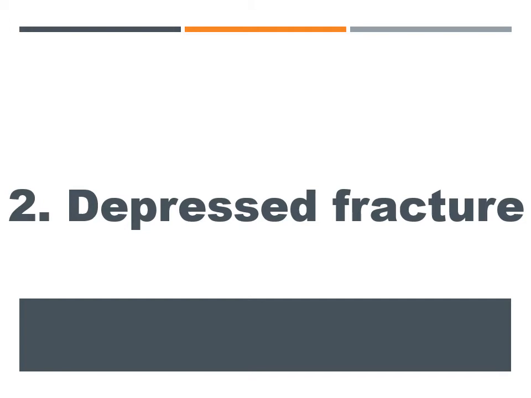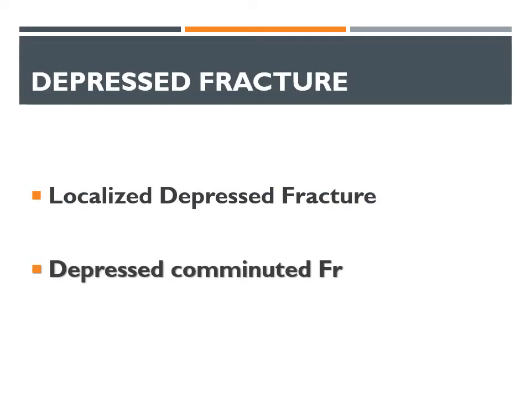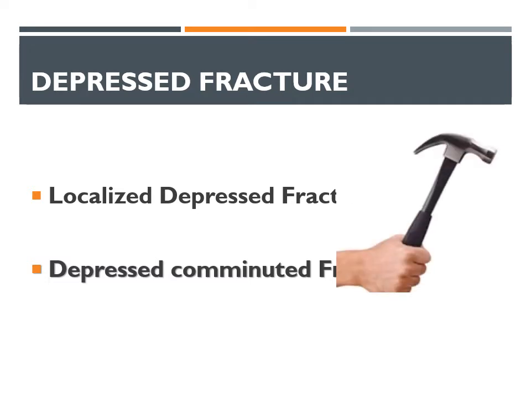Number 2 is depressed fracture. Depressed fracture is also caused by a blunt instrument, but there are two types of depressed fracture. First is localized depressed fracture, in which the instrument is small or localized.